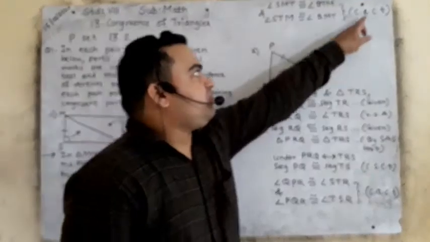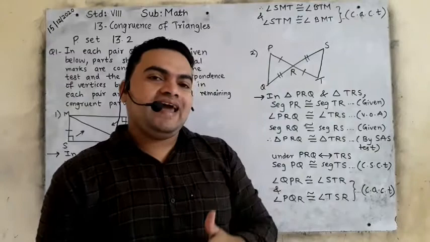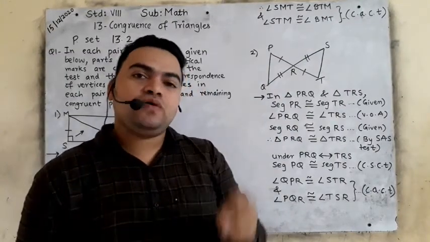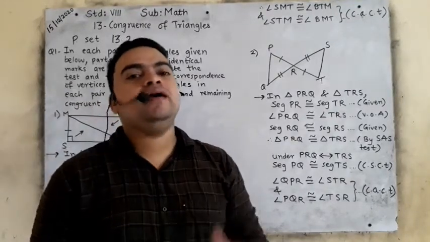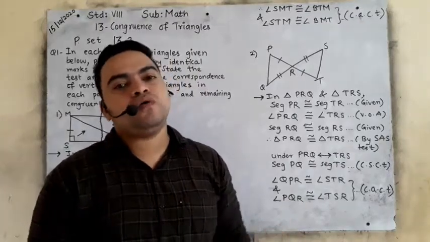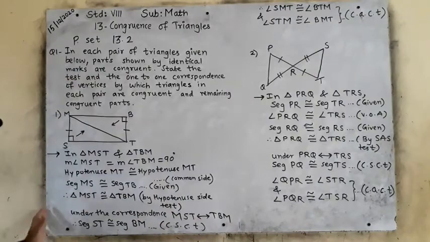As sides will be congruent to each other, corresponding angles also will be congruent. Sides will be congruent and the remaining angles also will be congruent to each other. I hope you understood how to solve this.